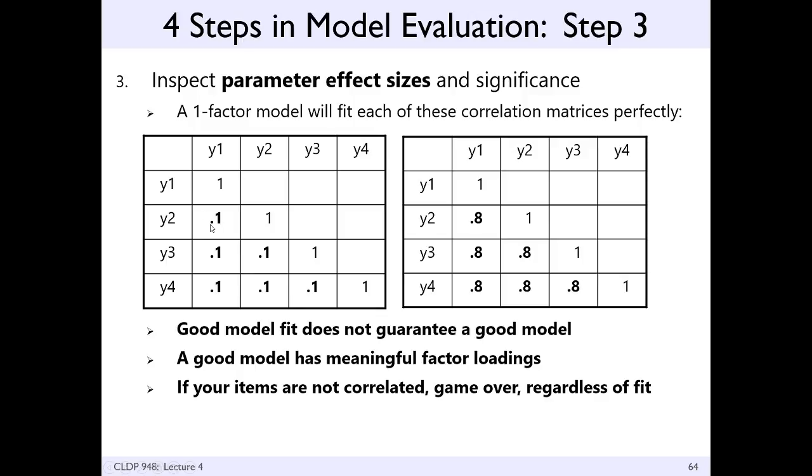Point 1 would mean a common factor would account for 1% of each item's variance, and it would be 99% not the factor. That'd fit well. It would be meaningless.